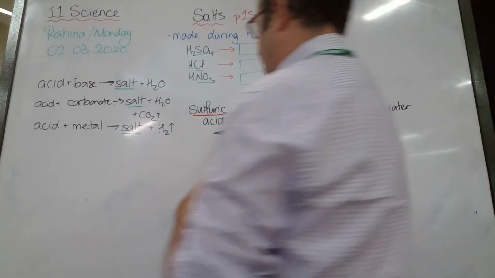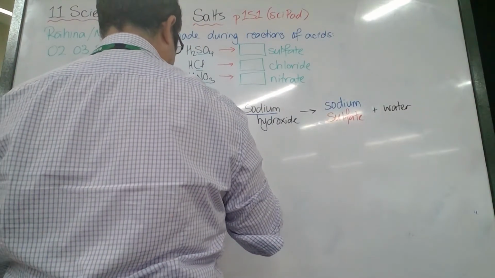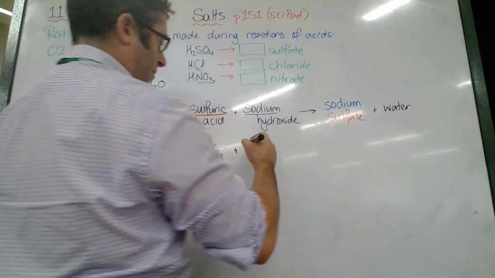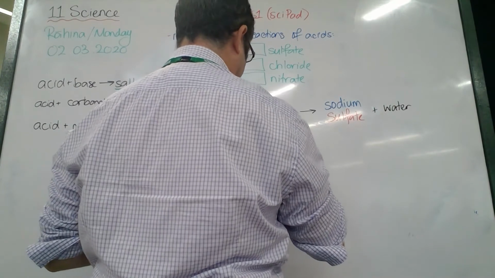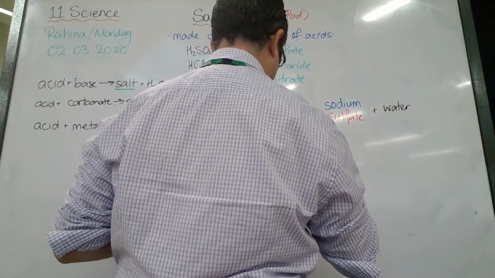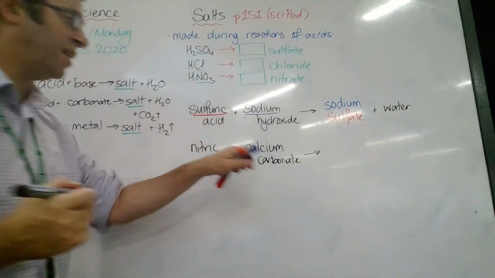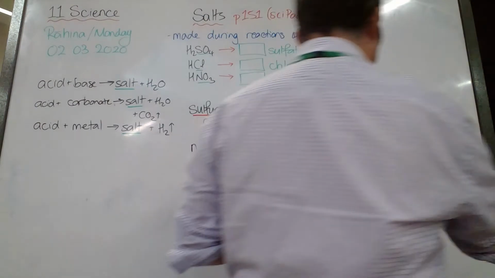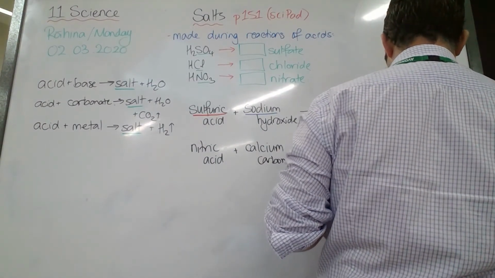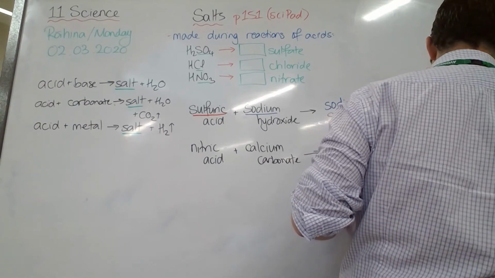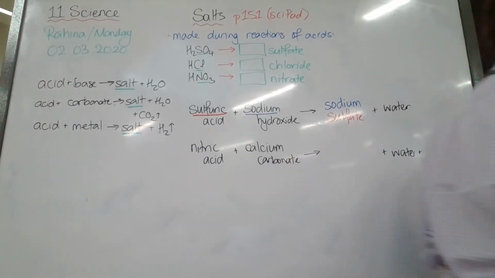So let's have nitric acid reacting with calcium carbonate. Because it's an acid and a particular base called a carbonate, we know it's going to make water and carbon dioxide, so let's write those into my word equation straight away.